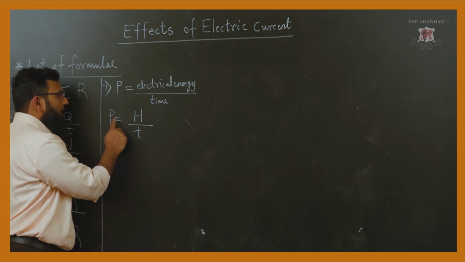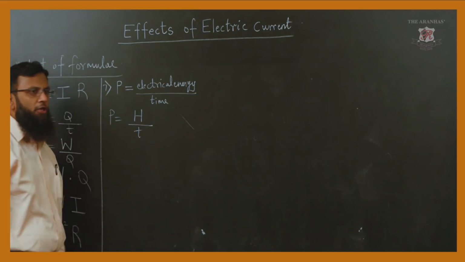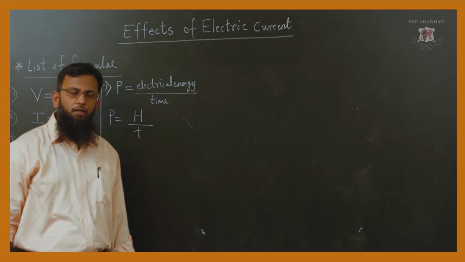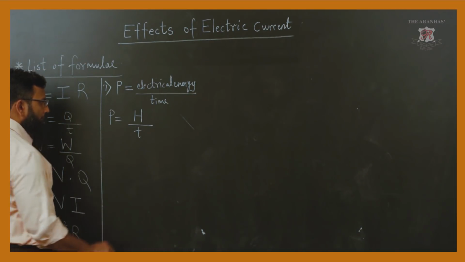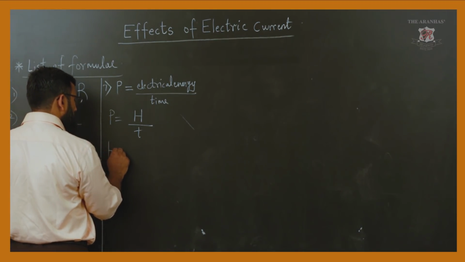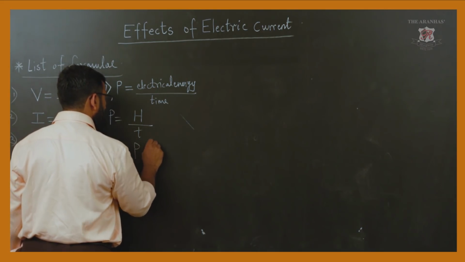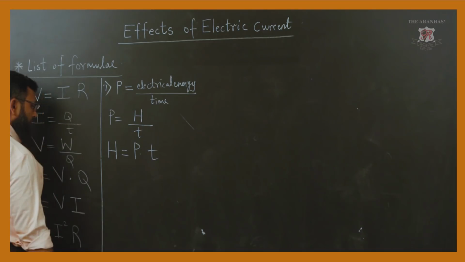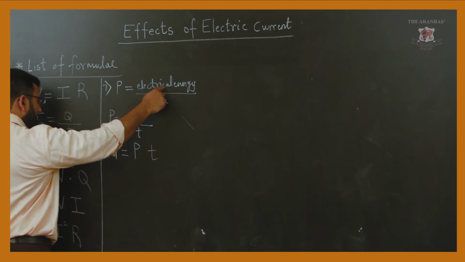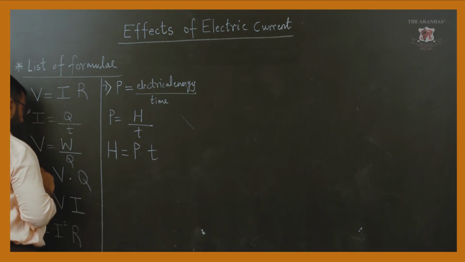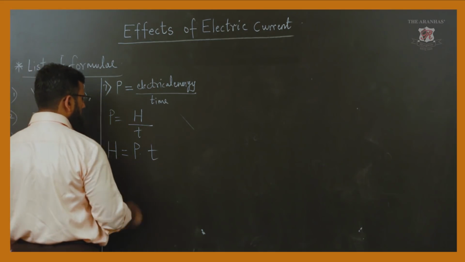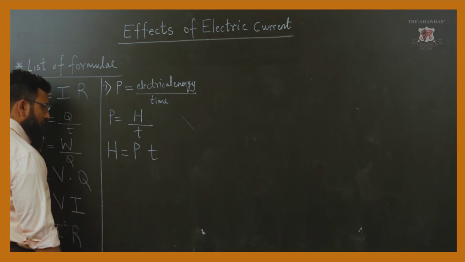So power will be equal to the heat energy produced across that resistor per unit time. So we can write H is equal to P into T. Now electrical energy consumed, the work done and all, they can be correlated with each other.